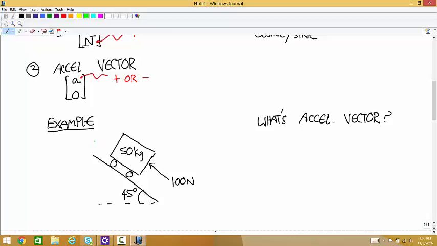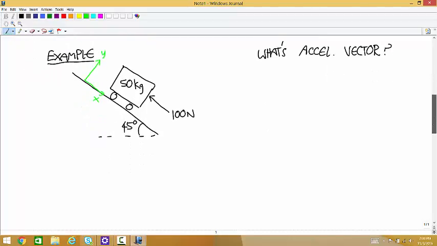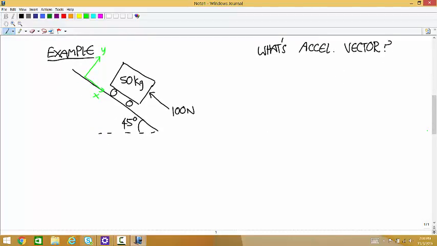Well, we have to choose a coordinate system, so the y-axis is going to be pointing out of the surface. The x-axis has to be pointing down then, down the ramp, parallel to the surface. And we're going to use Newton's second law, so we'll start with a free body diagram.